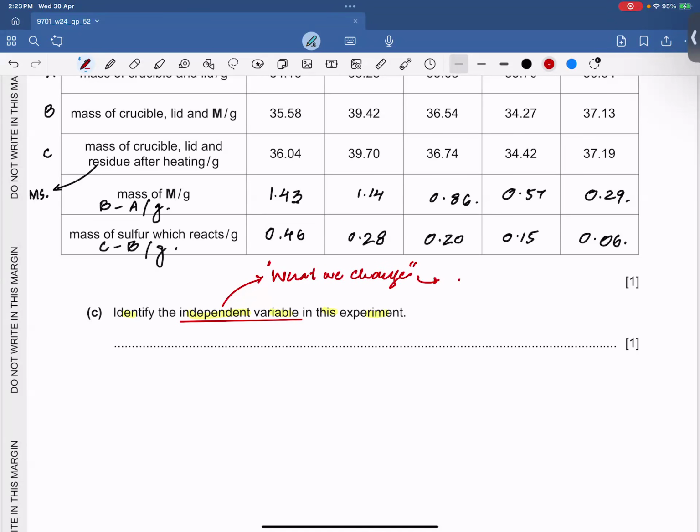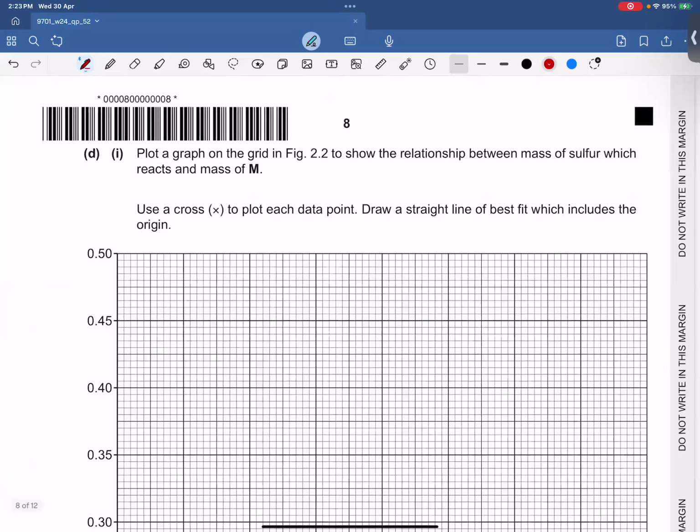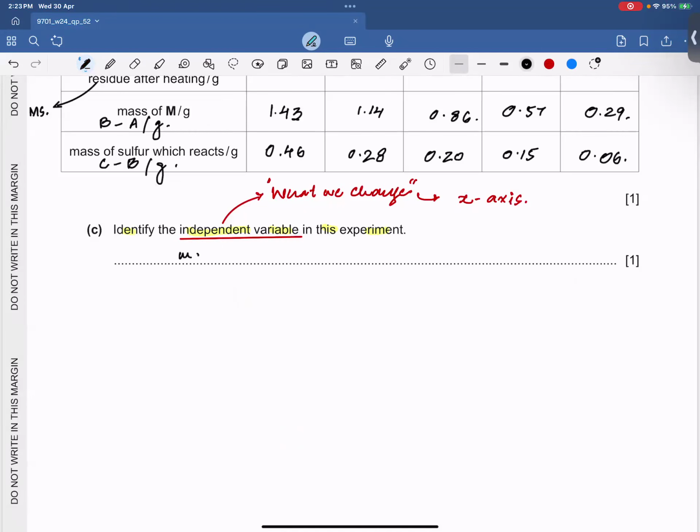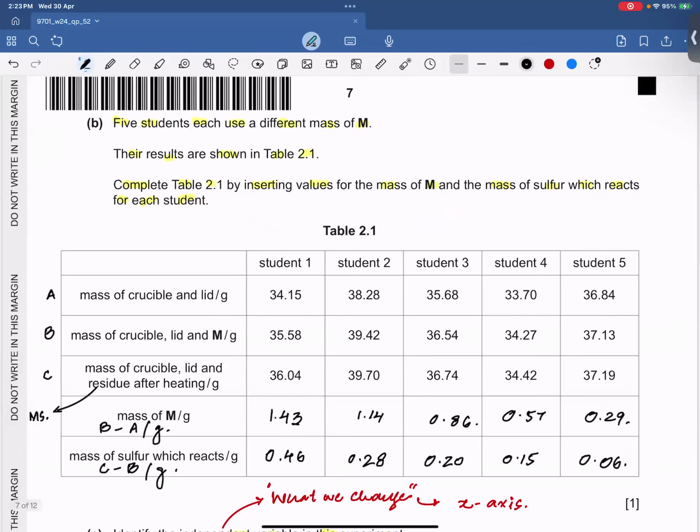And independent variable has to be on the x-axis, right? x-axis पे mass of M है, इसका मतलब mass of M has to be on the x-axis, which is the independent variable. और हम change किसको कर रहे हैं? हम देखें यहाँ पर हमने बताया भी आपको, different masses of M. That means we are changing the masses of M. इसका मतलब it's going to be the independent variable. We are taking different masses.